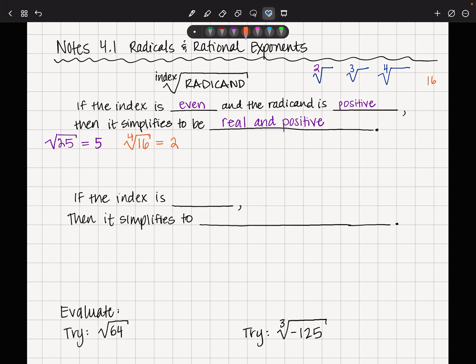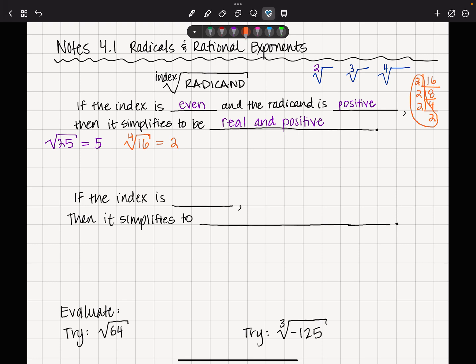Let me show you why. 2 goes into 16 8 times, 2 goes into 8 4 times, 2 goes into 4 2 times. Because it's a fourth root, we'd be looking for groups of 4. There's one group of 4 2s, so that 2 goes to the outside. There's nothing left over, which means it's perfect.